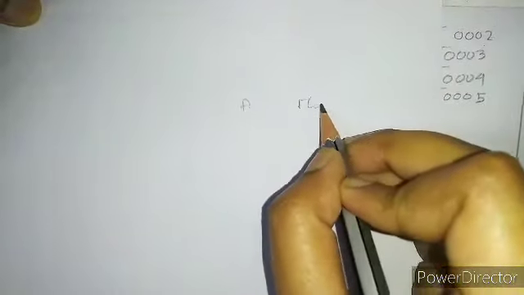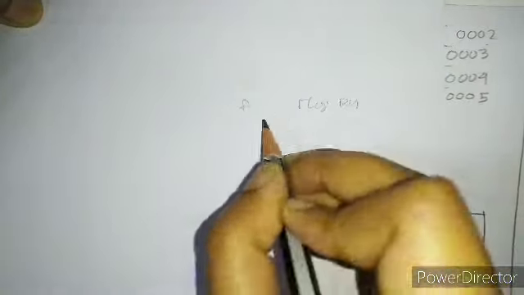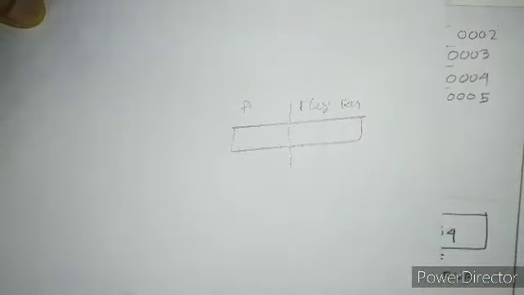Then A needs to make a pair with some other 8-bit register. So this is a special case when A pairs with the flag register, A and F.